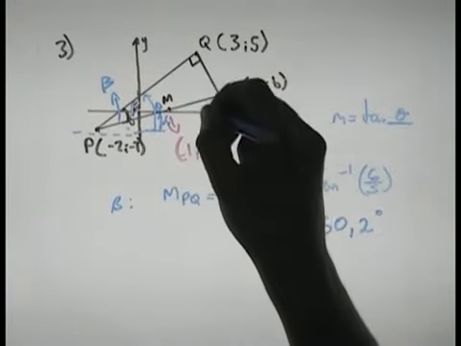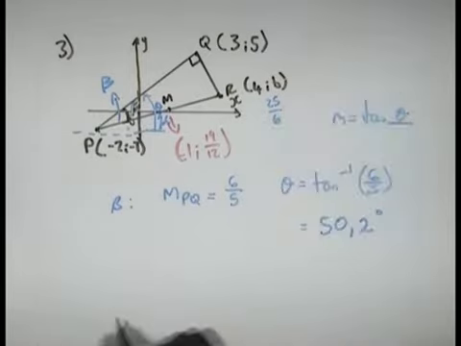So to get that small angle, that's the angle of inclination of PR.